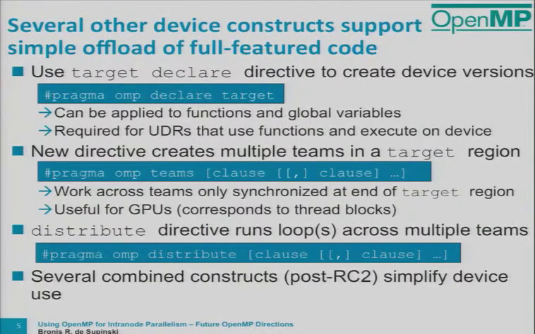And so that gives you this concept of creating multiple thread blocks. However, you may actually want to take a loop that's in your target region and distribute it across your thread blocks. And so now you can use this distribute construct to take that loop and distribute it across it.